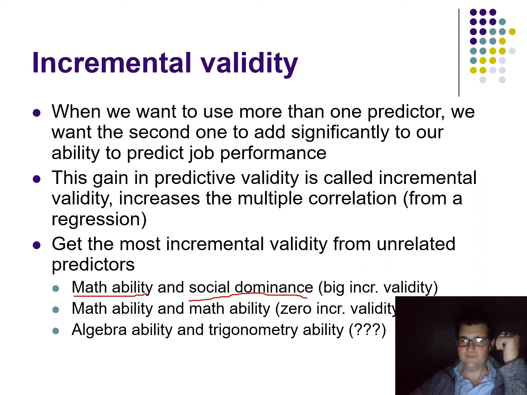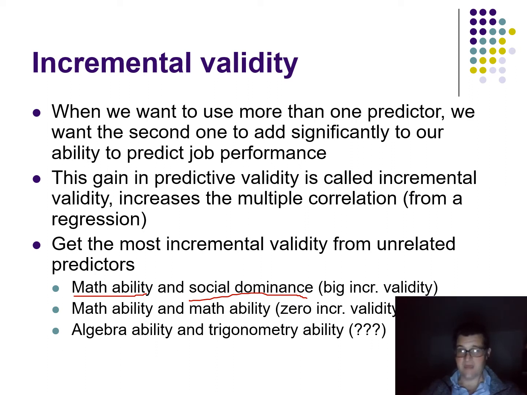When I say social dominance, what I mean is being comfortable being in control of situations, not social dominance orientation, which people may have heard of, which is more about being authoritarian. But we get big incremental validity out of those two, as long as social dominance was related to the performance criterion that we're interested in.